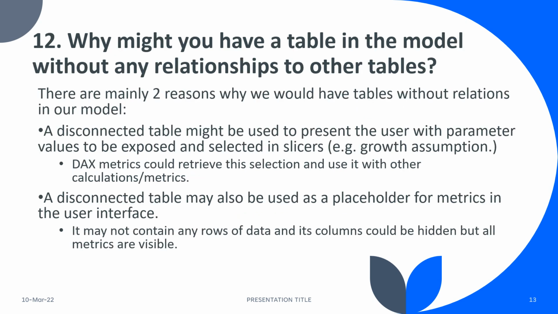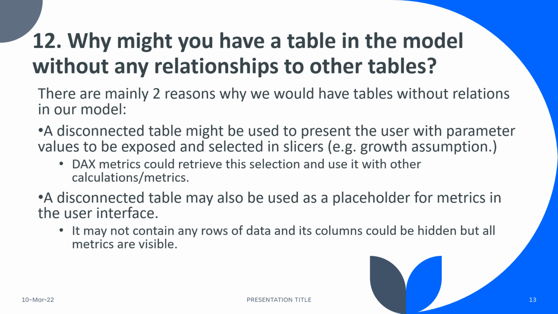Question number 12. Why might you have a table in the model without any relationship to the other tables? There are mainly two reasons why we would have a table without a relationship in our model. The first is that a disconnected table might be used to present the user with parameter values to be exposed and selected in a slicer. DAX measures could retrieve the selection and use it in other calculations.